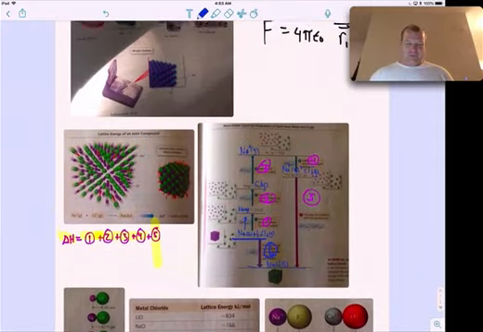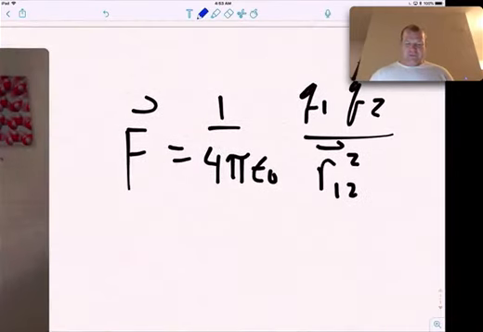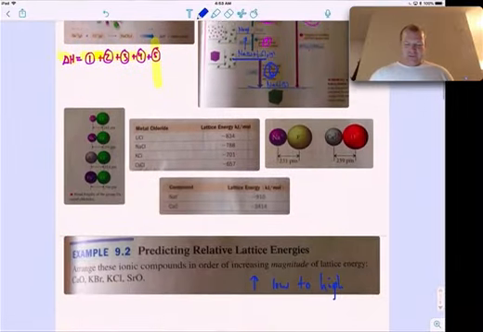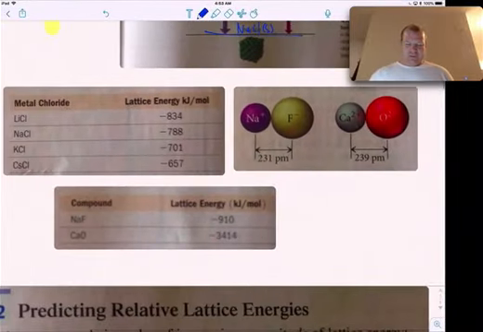Because if you look at Coulomb's law, charge of 1 times charge of 2 over distance squared, right? So sodium +1, fluorine -1, and then compare it to +2, -2. So +2, -2, that's 4. So 900 versus, 9 times 4 is 36.